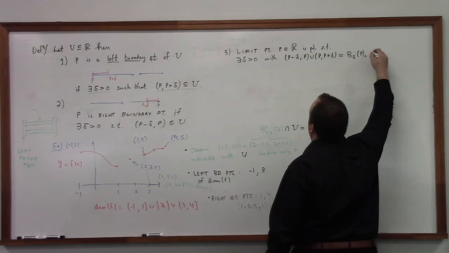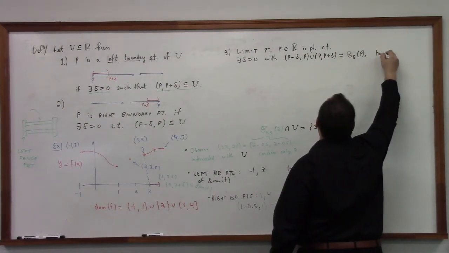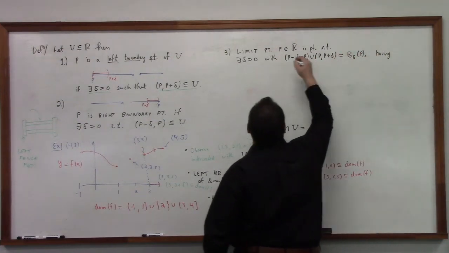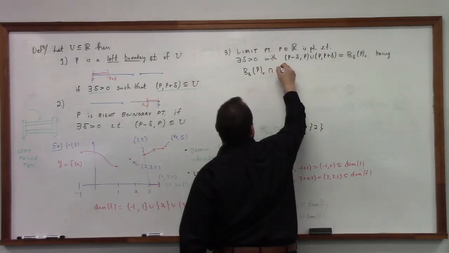I'm having grammatical problems here. Not the greatest sentence, but here's the critical point. The deleted open ball centered at P intersect U is non-empty.